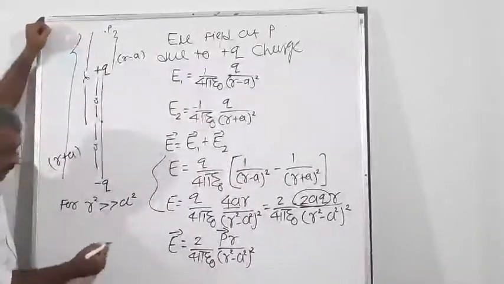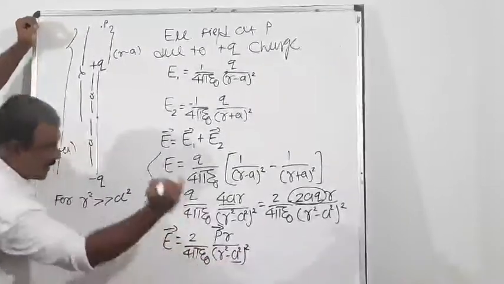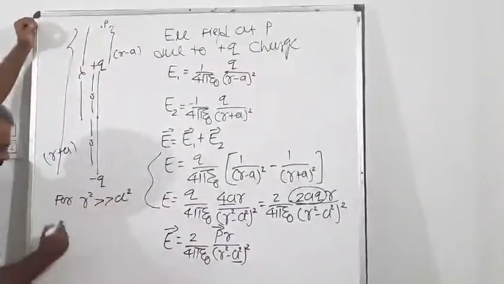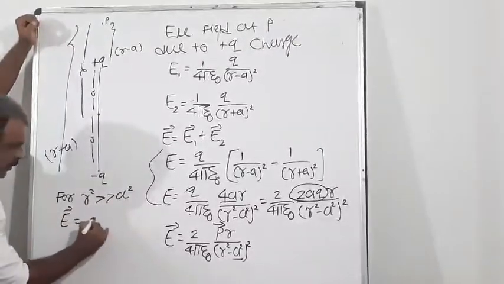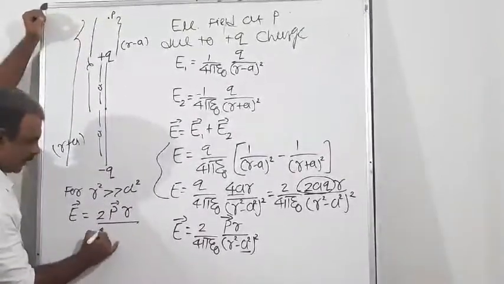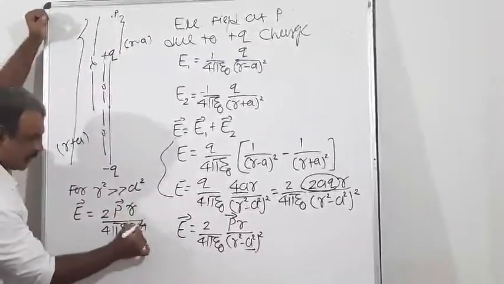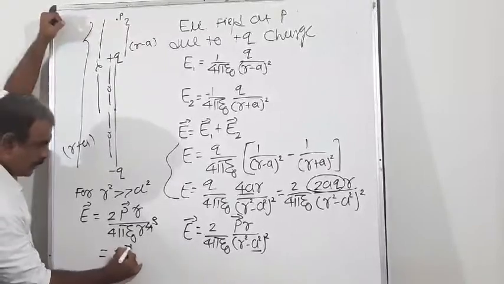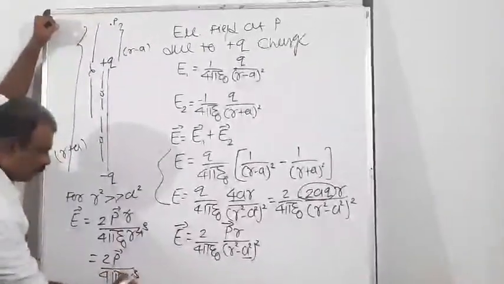So for point dipole, if r square is very much greater than a square, I can neglect a square in comparison to r square in denominator. So by neglecting a square, E is equal to 2pr upon 4 pi epsilon 0 r raised to 4. It will reduce to r cube. So it is 2p upon 4 pi epsilon 0 r cube.